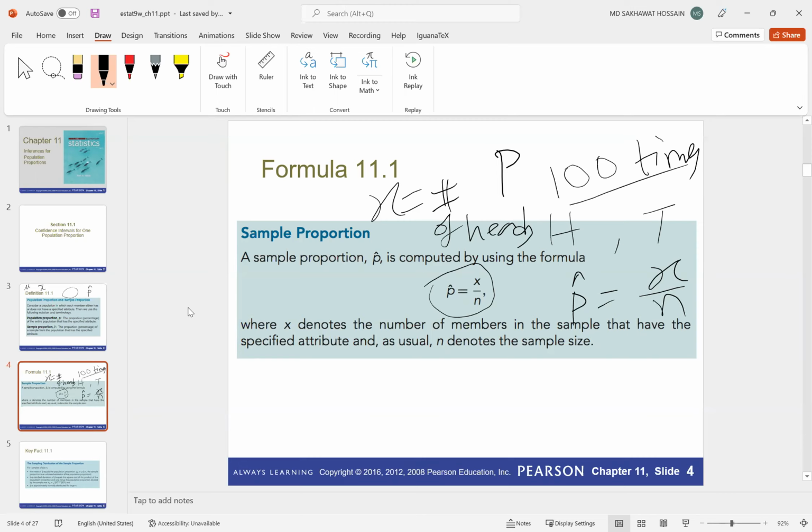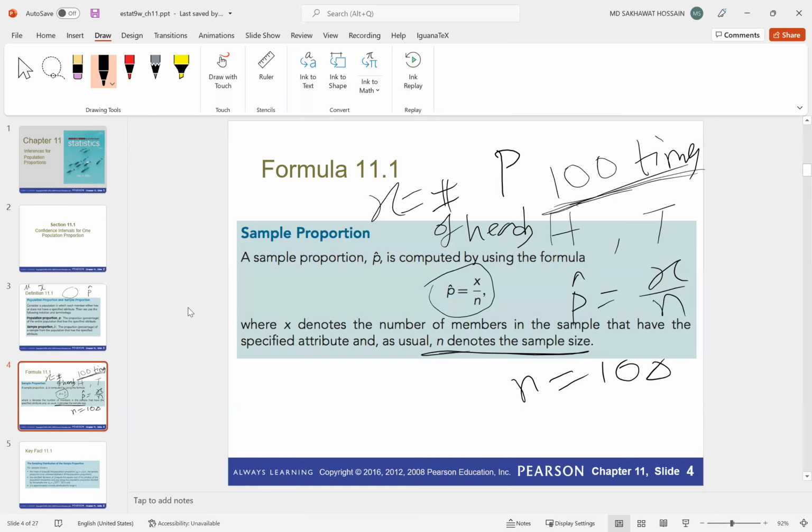So that's X over N. This is the sample proportion of getting heads. X denotes the number of members in the sample, so the number of heads, and N is the total sample size. We did the toss 100 times, so our sample size N is equal to 100 in this case, right?